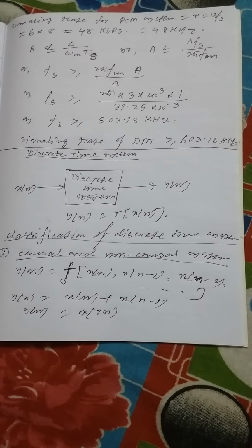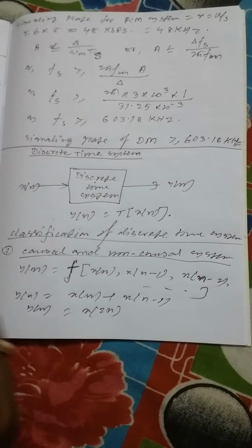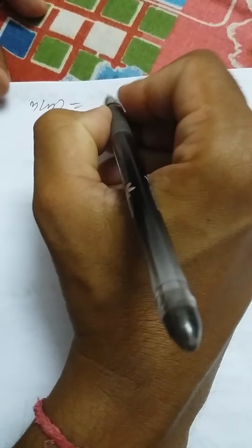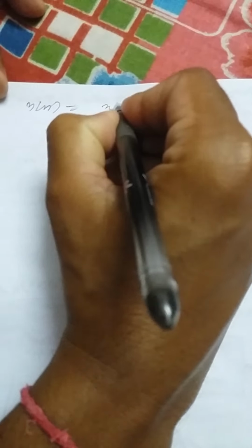Now how to check whether a system is causal or non-causal? Suppose an example has been given, y(n) equal to x(n) plus 1 by x(n minus 1). We have to check whether the system governing the input output relationship by this equation is causal or non-causal.